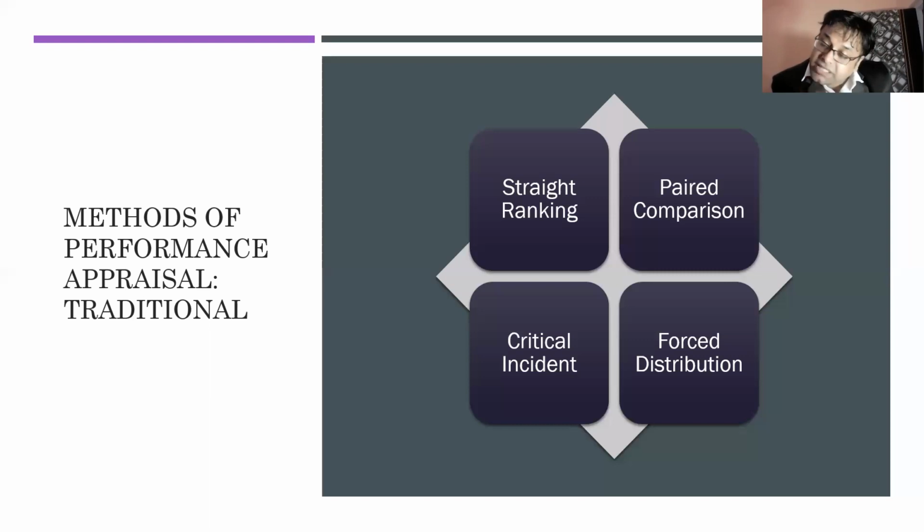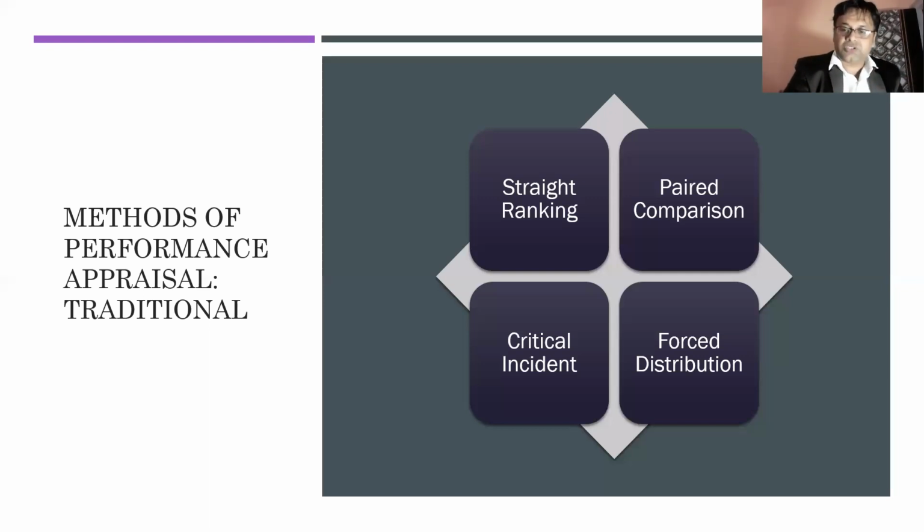So that is the reason. So this is called the forced distribution method. All the employees will be distributed into 3 categories. Sorry, top 20%, middle 70% and the bottom 10%. So first one is the top 20%, top performers, middle 70%, and the bottom 10%. Right? So in this way, we will be evaluating the performance of the employee.